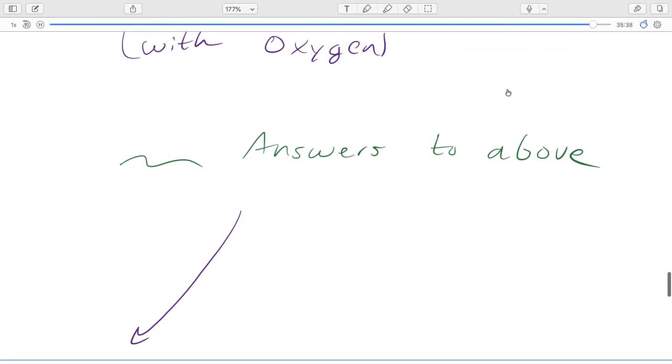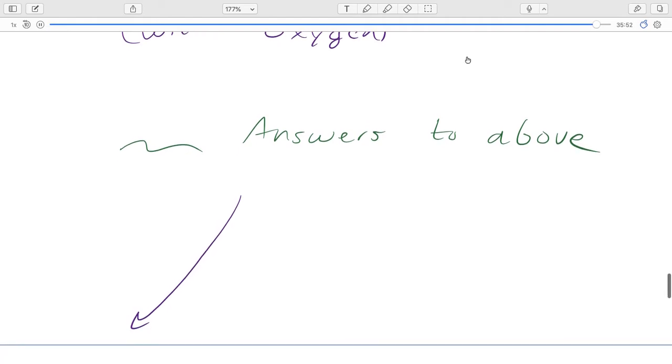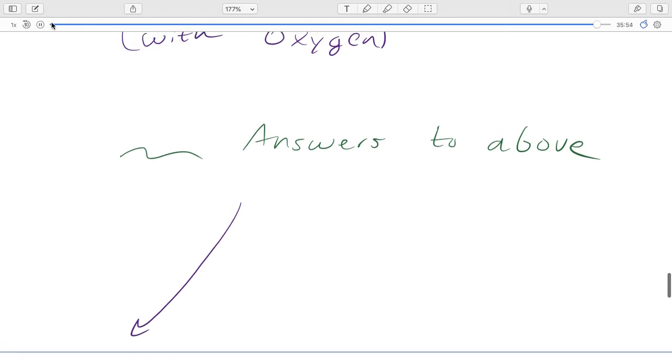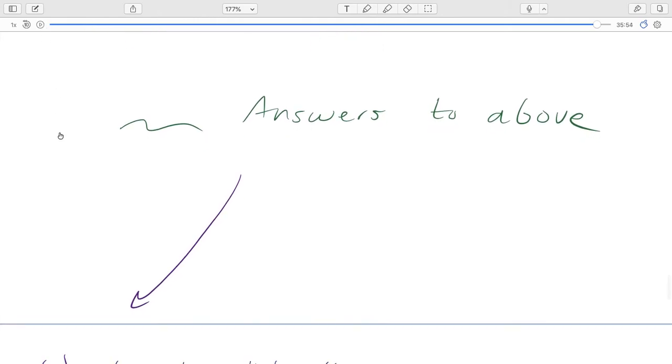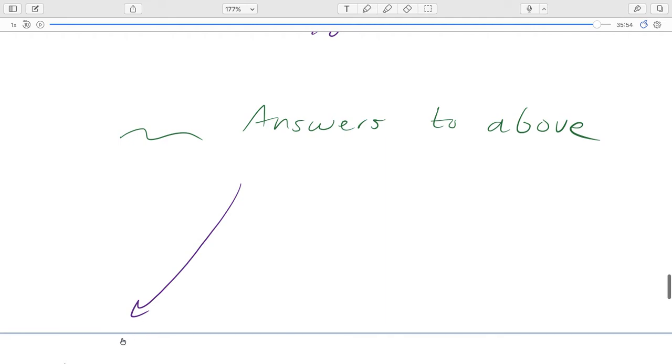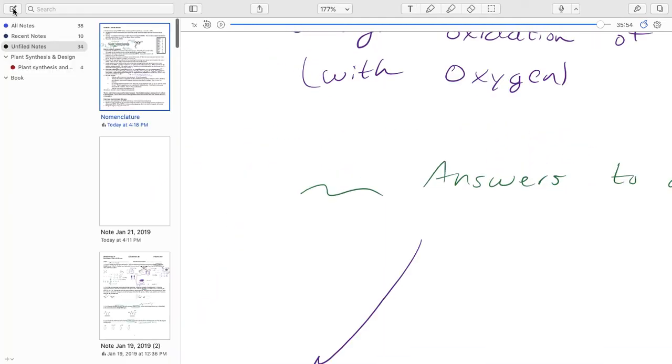The annotations and notes I make are usually a pretty good set of notes, so I usually just post it as is unless something is not clear. But yeah, I'll post the answers to that if you want. Yes, Natalie? Can I just take a picture real quick of that? And the answers to that are right down here. I'm not going to show them, of course, because you can look that up on your own.